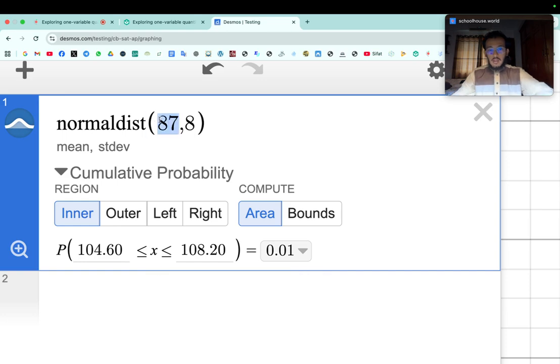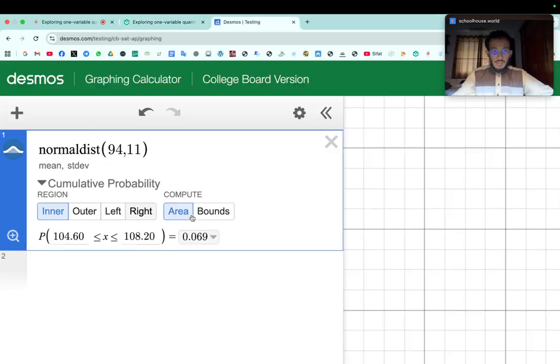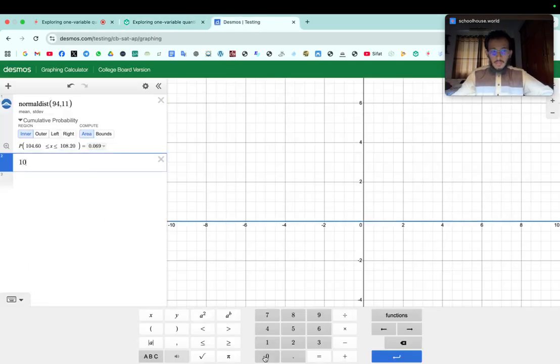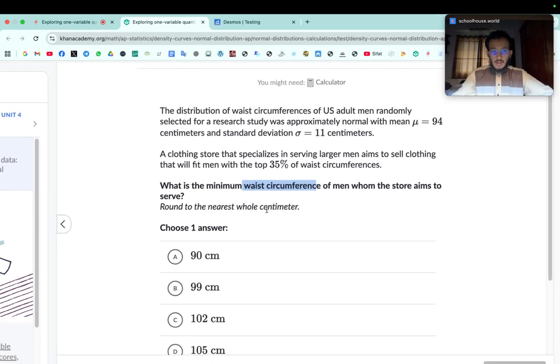And a clothing store that specializes in serving larger men aims to sell clothing that will fit men with the top 35%. So which means 100 minus 35, which is 65%, and that is 0.65. So what is the minimum waist circumference of this?